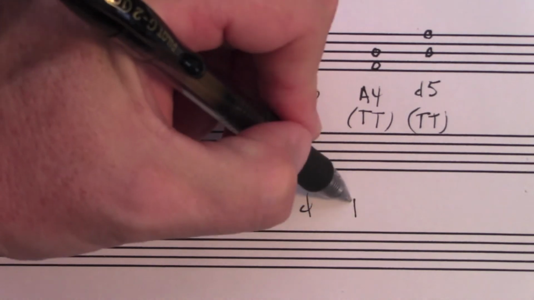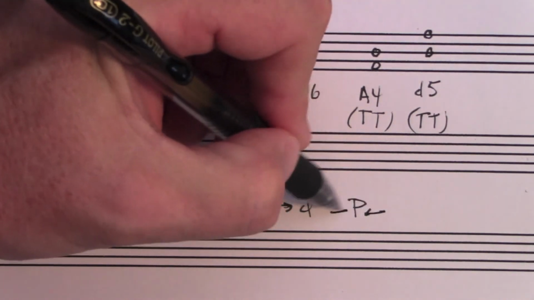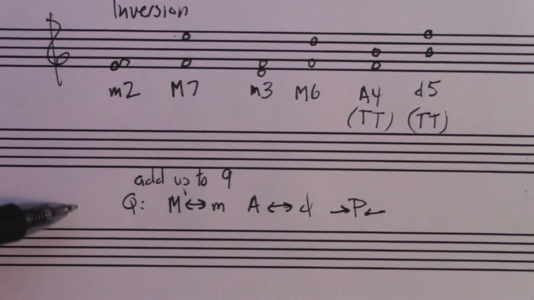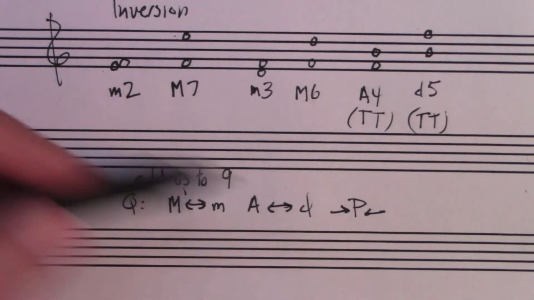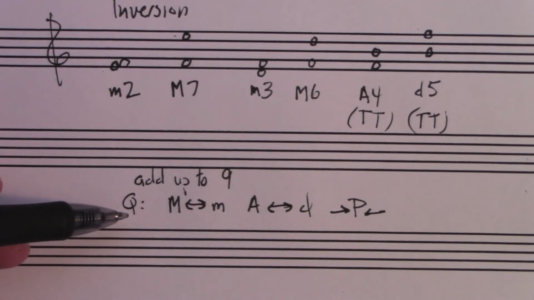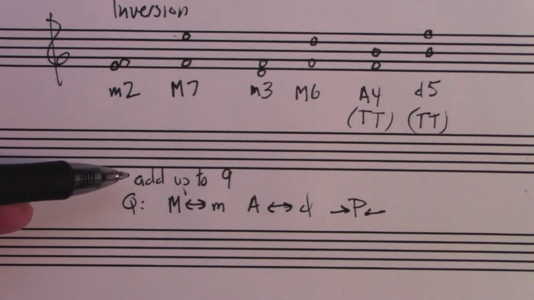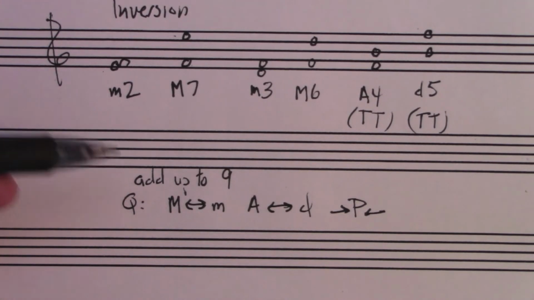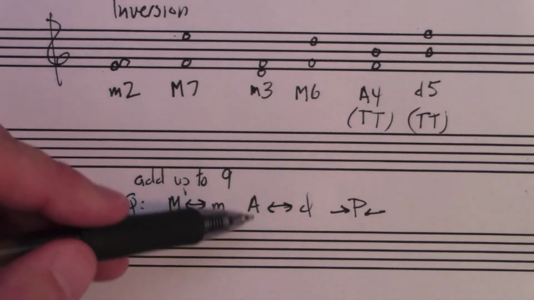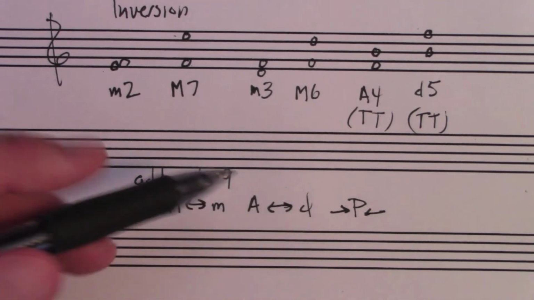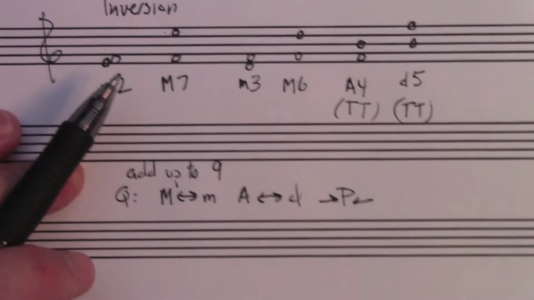Perfect stays perfect. I don't know what that is. Those are arrows pointing at the P. Okay? The numbers add up to 9. Major and minor switch. Augmented and diminished switch. Perfect stays perfect.